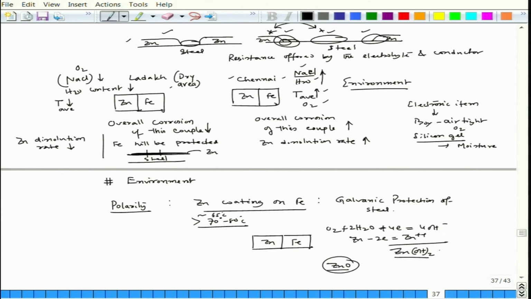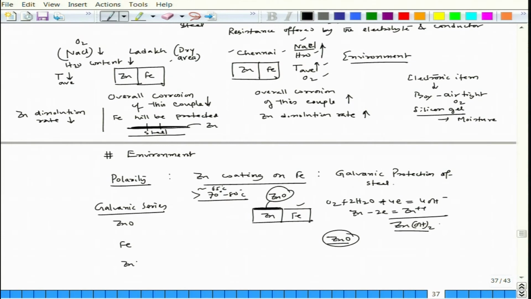And interestingly, when zinc oxide forms on top, then if we see the galvanic series, zinc oxide stays on top of iron, but zinc remains below iron. Now, this zinc oxide is forming over the entire area, and a situation like this arises.